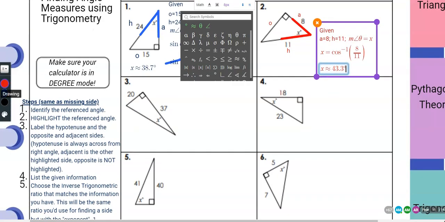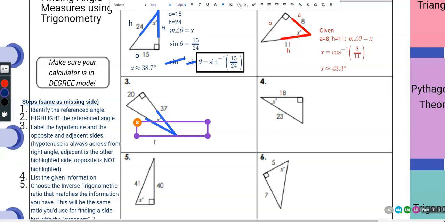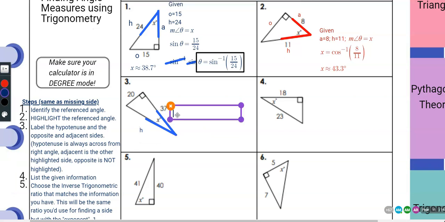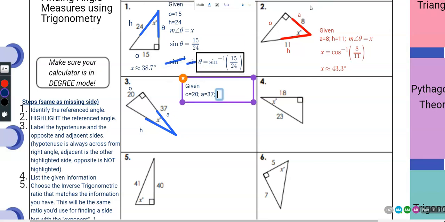Right, number 3. Highlight the given angle, label your sides. Hypotenuse is, again, always across from the 90-degree angle. Adjacent is the other highlighted side. Opposite is the unhighlighted side. List your givens. We have opposite at 20, we have adjacent at 37, and we have an unknown measure of our angle theta.